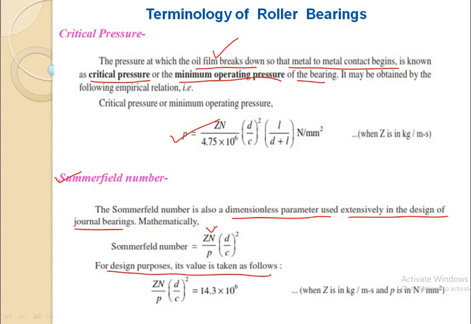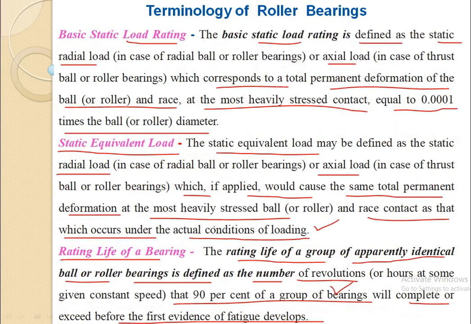So this is regarding the terminology of the bearing. What we have seen: basic static load rating, static equivalent load, and the rating life of a bearing, meaning the number of revolutions that a bearing, or 90% of a group of bearings, can complete before the first evidence of fatigue failure.